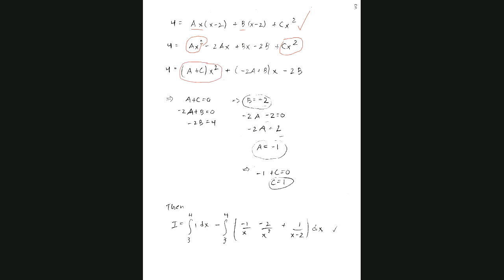And then negative 2Ax plus Bx could be expressed as negative 2A plus B times x. And then finally, you have the negative 2B. We just put that there.